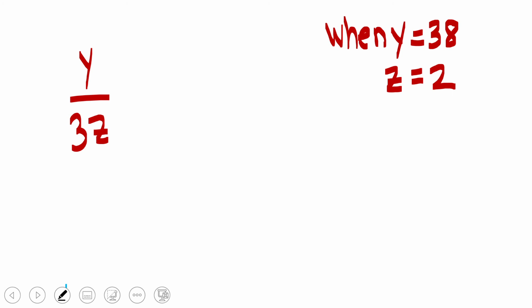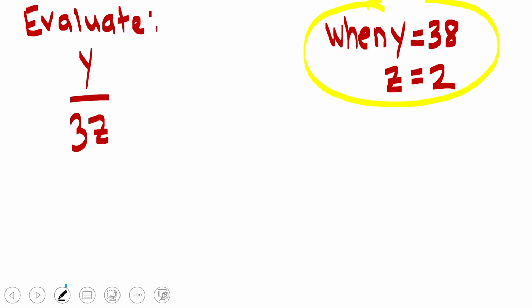We have this instruction evaluate. That means that you have to apply a couple of ideas. We're going to substitute the values of y and z, and then we're going to solve. That will follow the evaluate instruction.